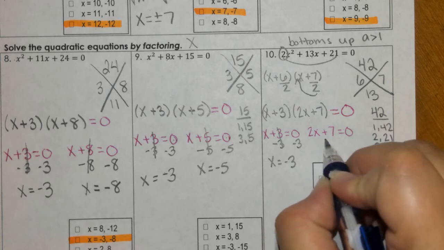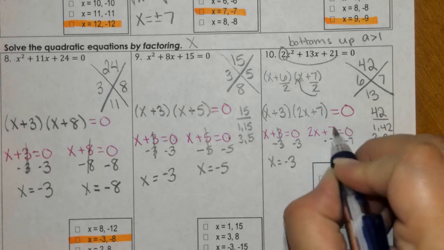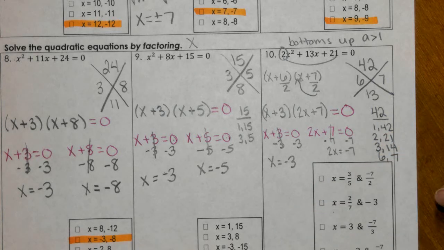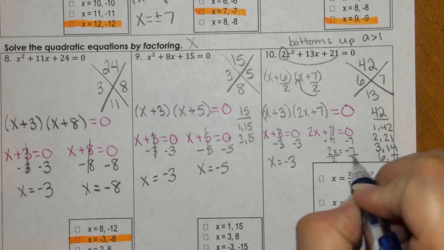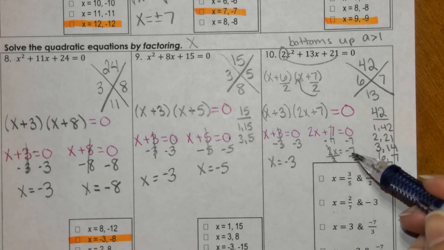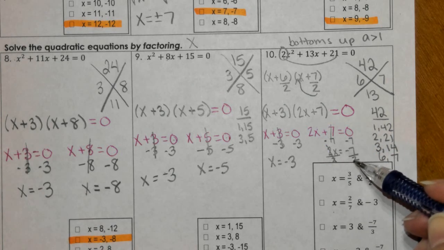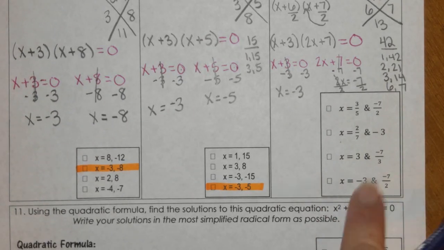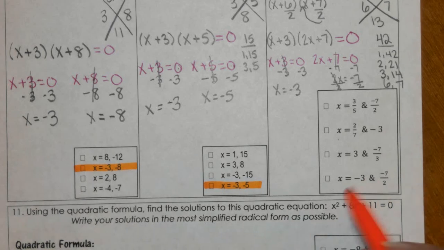For this one, I would subtract the 7. 2x equals negative 7. I would divide by 2. So my answer here is negative 7 over 2 and negative 3. So that would have to be the last example, or the last choice.